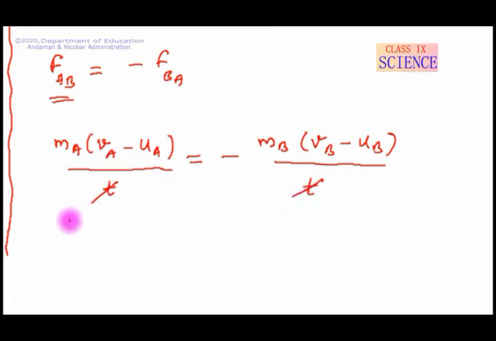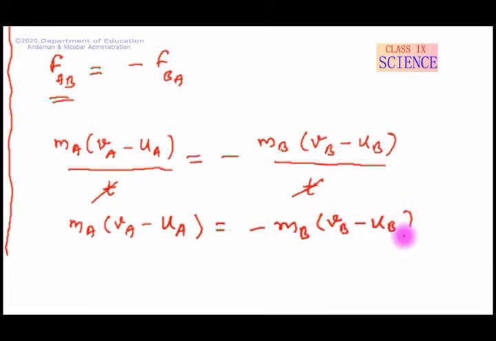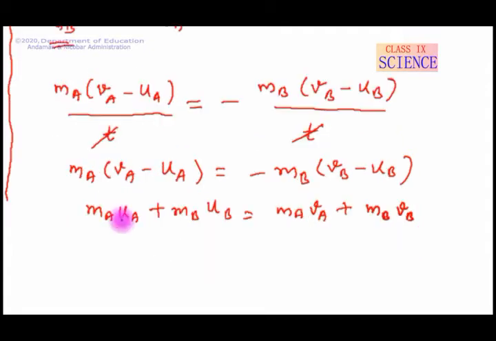So, finally, we will get mA (vA minus uA) is equal to minus mB (vB minus uB). On further solving this, we will get mAuA plus mBuB is equal to mAvA plus mBvB. From this expression, you can see this is the momentum of ball A, this is the momentum of ball B, right.